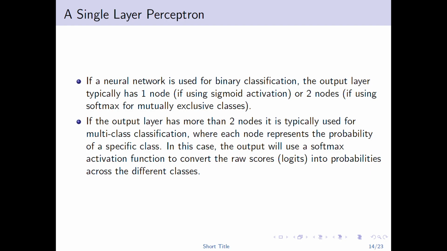In this case, the output will use softmax activation function to convert the raw scores into probabilities across the different classes. So for binary classification, we can have a single node at the output layer if we are using a sigmoid activation function, but if we are using a softmax activation function, even for binary classification, we need to have two nodes in the output layer, and more than two nodes means it is a multi-class classification. There we can use only the softmax activation function.